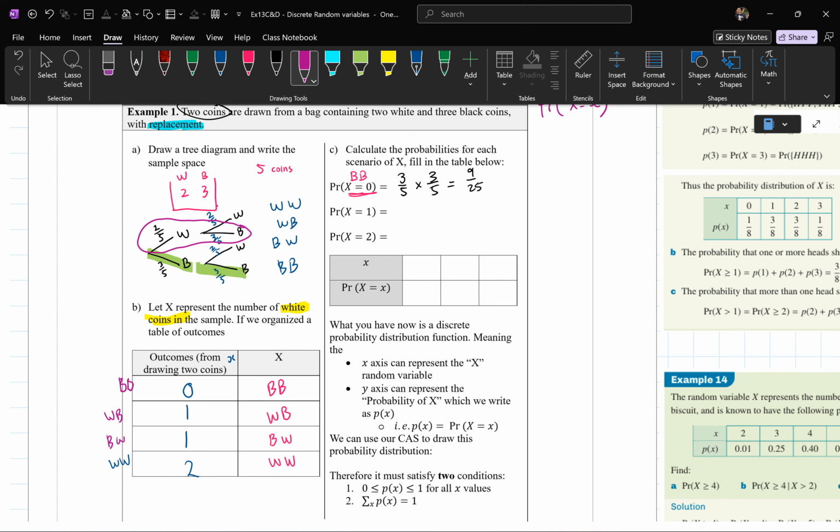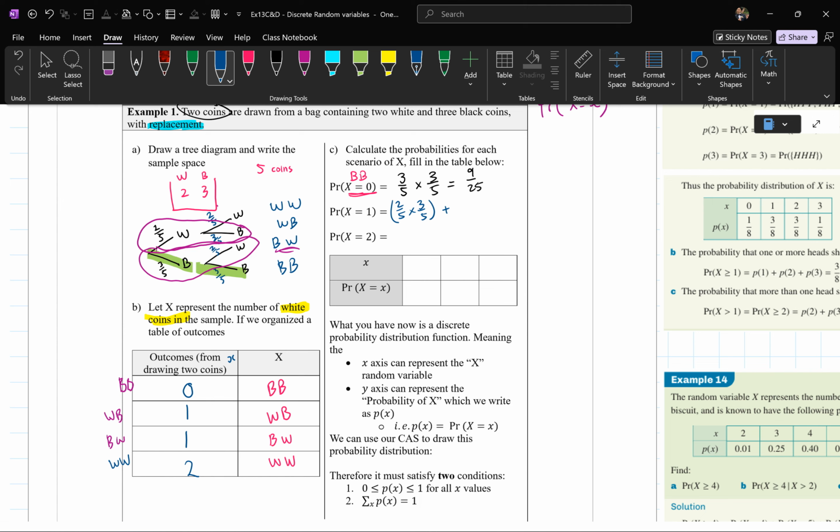So 2/5 times 3/5. And we also have another one to get a white coin, 3/5 times 2/5 again, so hence you double it. So the chances are 2 out of 5 times 3 out of 5. That's getting a white first, then a black. But you also have getting a black, then getting a white.